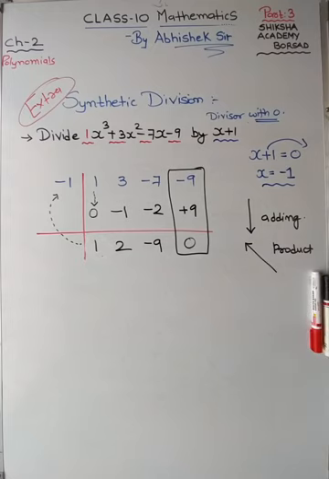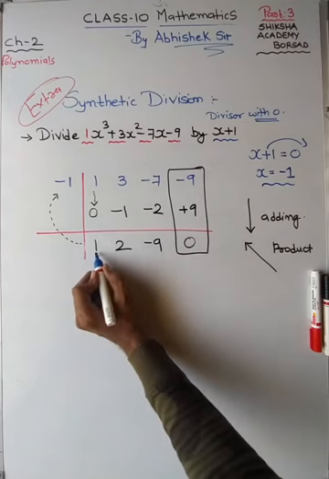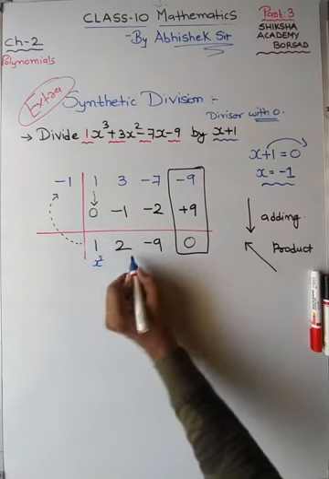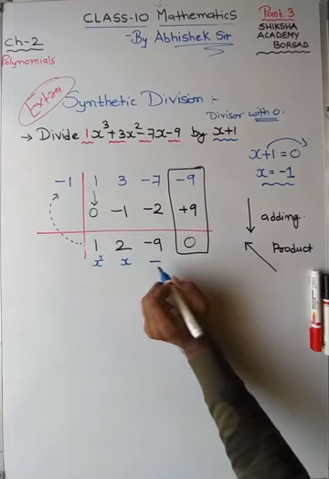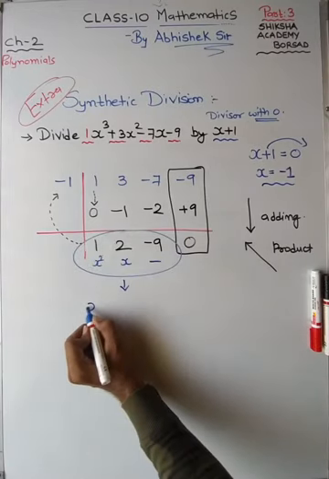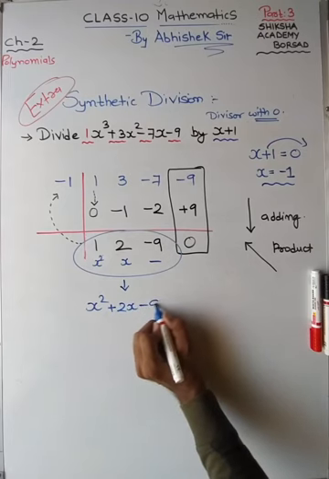Now the trick comes: here we have got 3 numbers. You may add x square with the first, x with the second, and the constant term with the last. So these 3 numbers will be written as 1x square plus 2x minus 9.